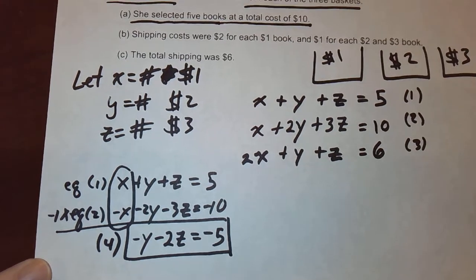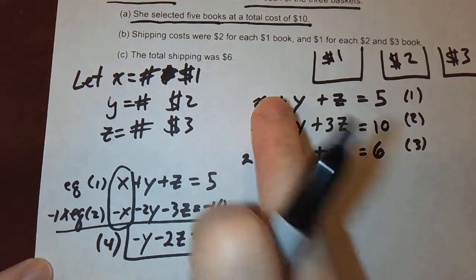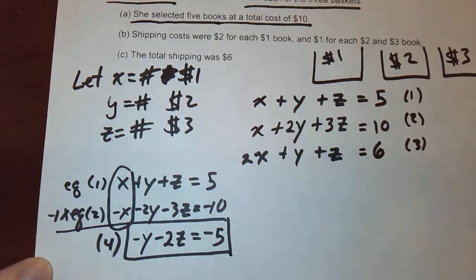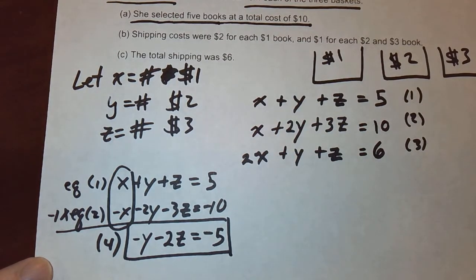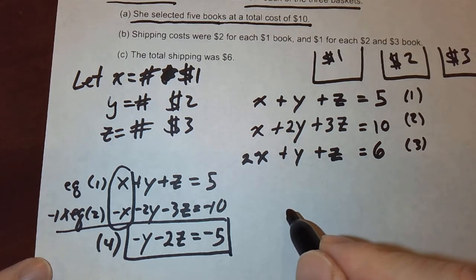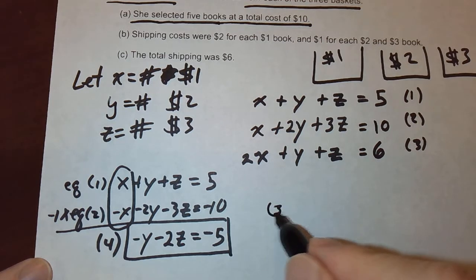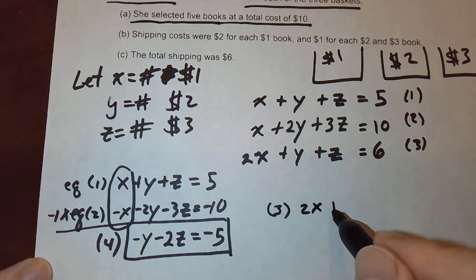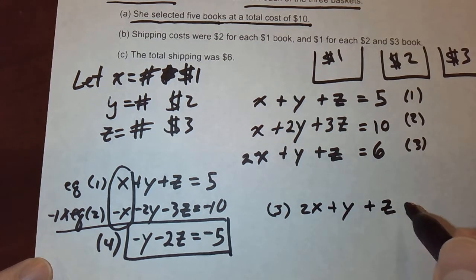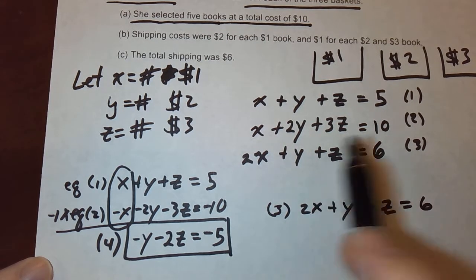And now let's use equation 1 and 3. Instead of equation 1 and 2, let's use equation 1 and 3 to eliminate the x. So I'm going to write equation 3 here. Equation 3 is 2x plus y plus z equals 6.